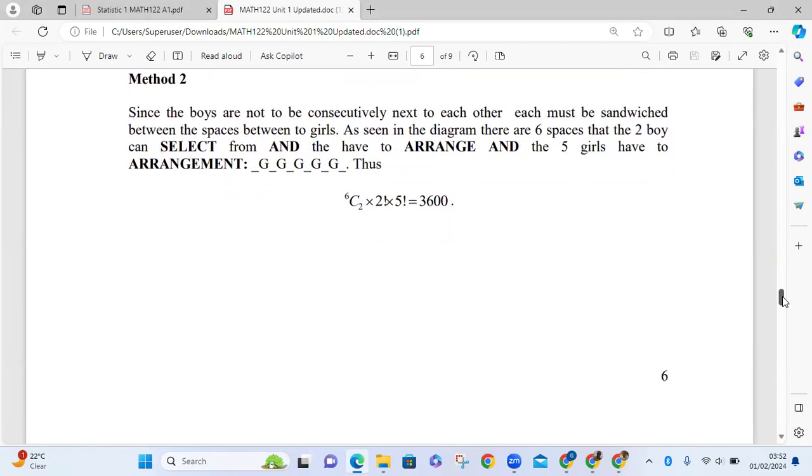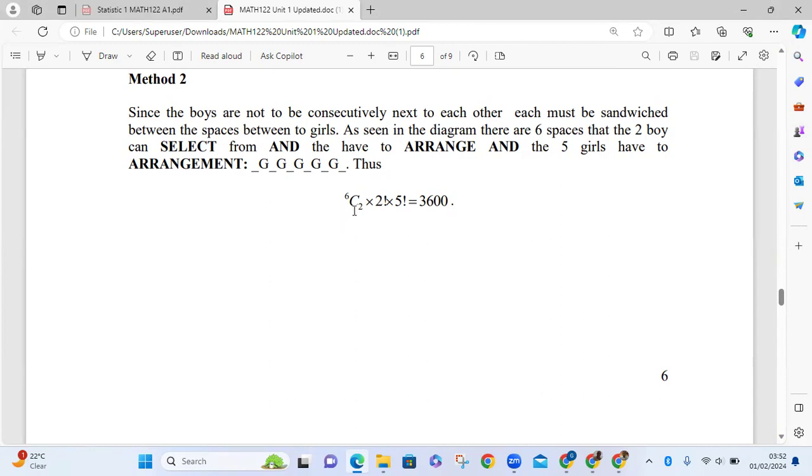Or you could apply method number 2. Since the boys are not to be consecutively next to each other, each must be sandwiched between the spaces between the two girls. As seen in the diagram, there are 6 spaces that the two boys can select from and have to arrange, and the 5 girls have to form arrangement.